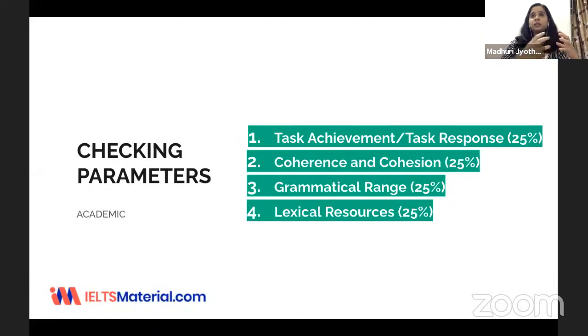You can't write a completely wrong sentence and put a big word in between and expect it to be right. So it has to be not just grammatically correct, it has to be topic friendly. If it's about education, you have to use a certain type of vocabulary. If it's about culture, it has to be a different set of vocabulary that you can use.